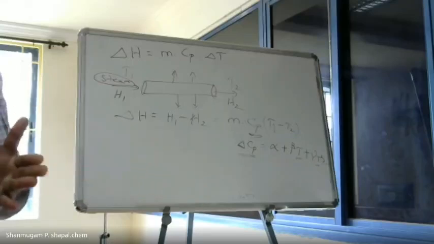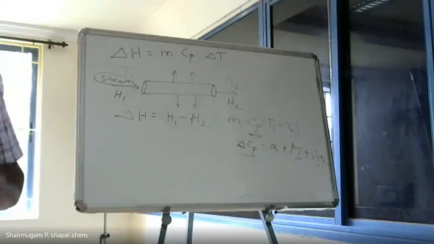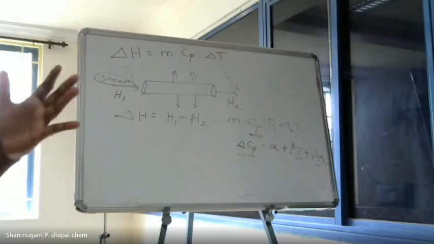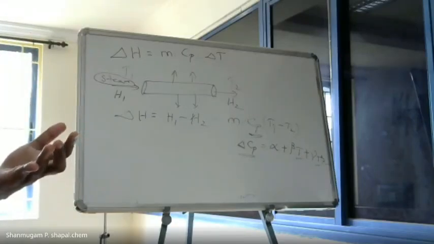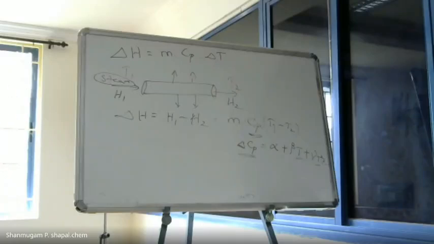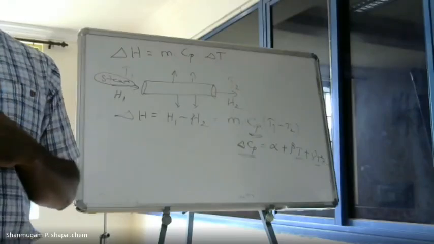As you know, PV equals nRT, so that means pressure is proportional to temperature. If you maintain the temperature, then the pressure is also maintained. But the condition inside the system might change because you get some product formation.